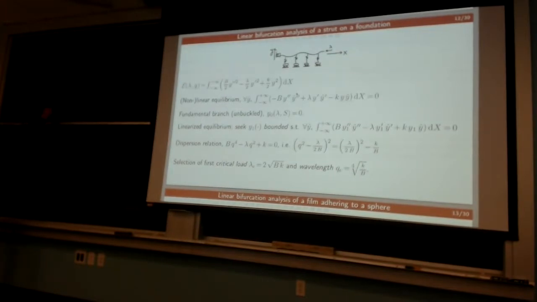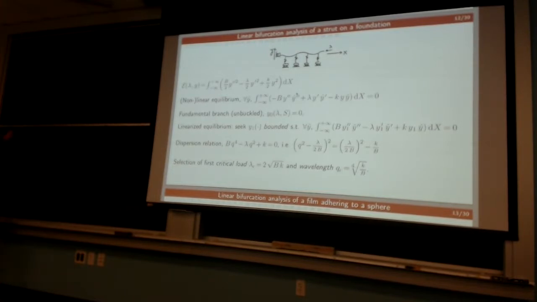The interesting thing with this system is that if you plot the dispersion relation in the lambda Q plane, you typically get something like that. In that case, you really have a continuum of critical loads.